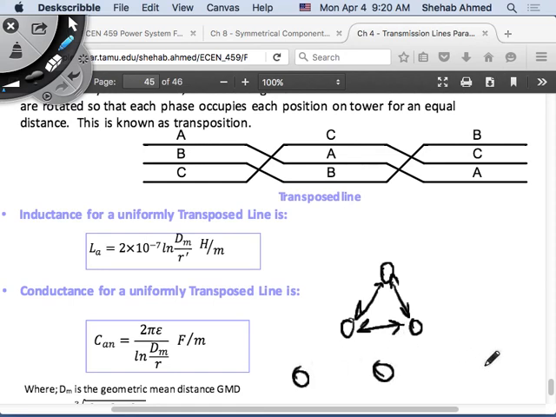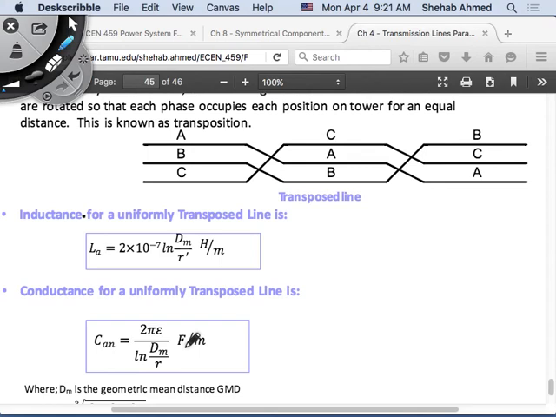If the lines are in this configuration, these two distances are equal, but this is not. If this is not, then you cannot use this value for capacitance anymore, right? Then the phase A capacitance, phase B capacitance, phase C capacitance are not the same, which means you don't have a balanced system. We will transpose the line so that we have a balanced system.